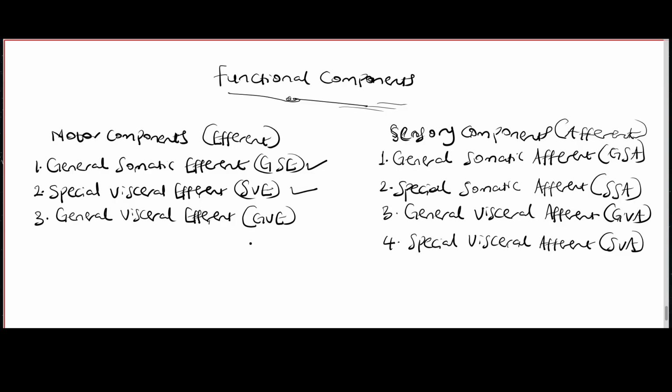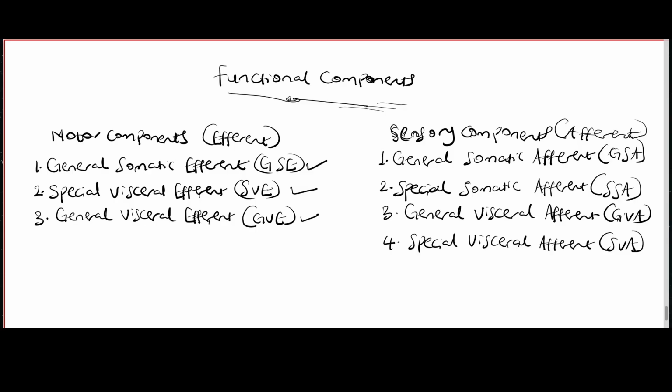The next we have is the general visceral efferent. This simply means motor fibers that are going to the organs and glands. Essentially they are parasympathetic fibers and they control things that you do not consciously control, like heart rate, digestion, saliva, and all that. So that's for general visceral efferent.